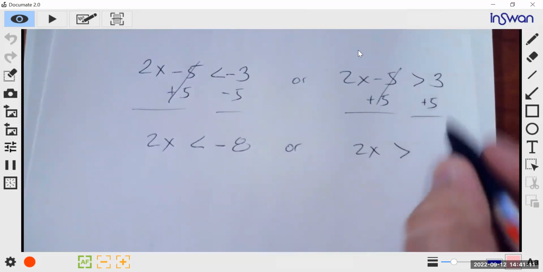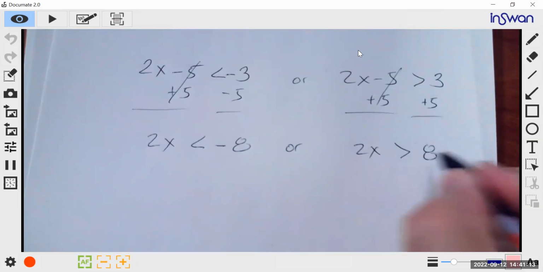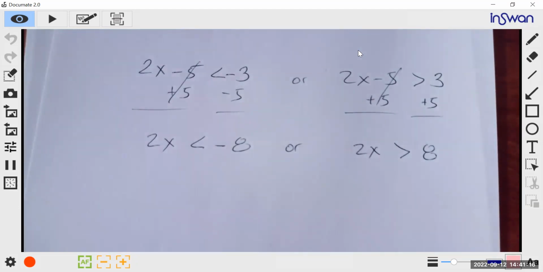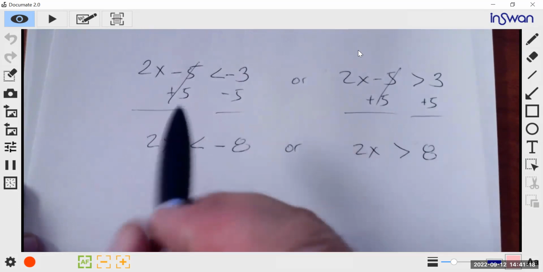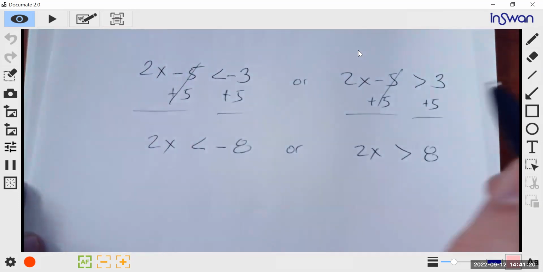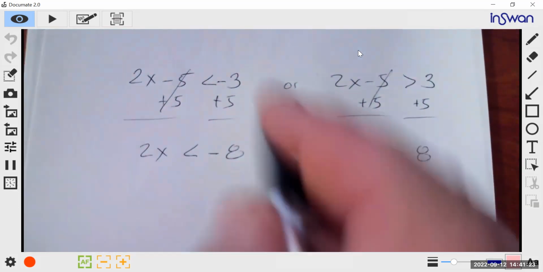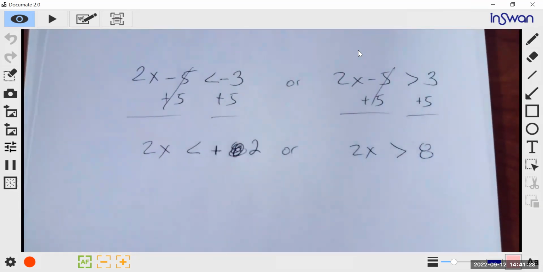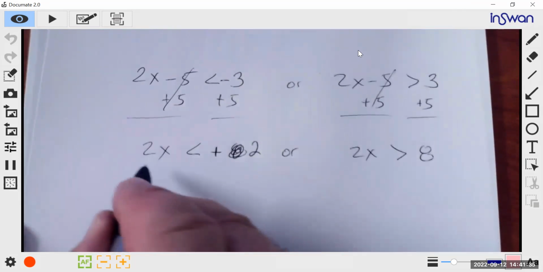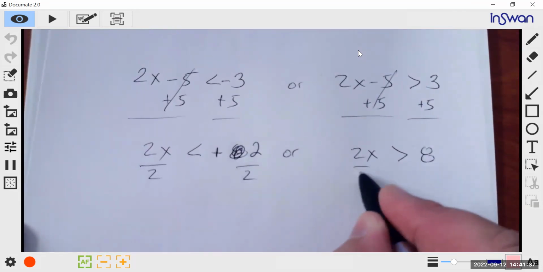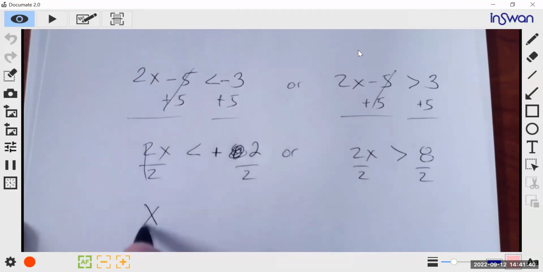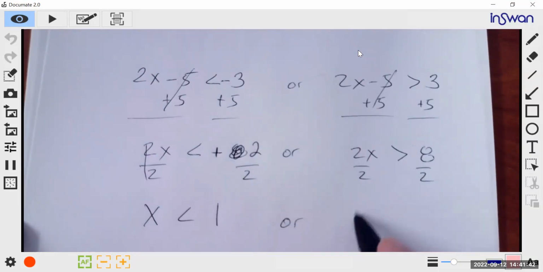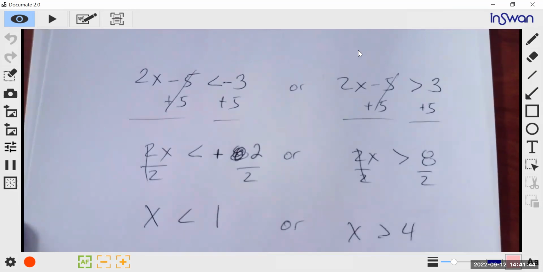Wait, why don't you subtract? Oh, that's a good point. I got carried away with the signs. So it should be -2, or +2. Good catch. Then you divide by 2, each term. So x is less than 1, or x is greater than 4.